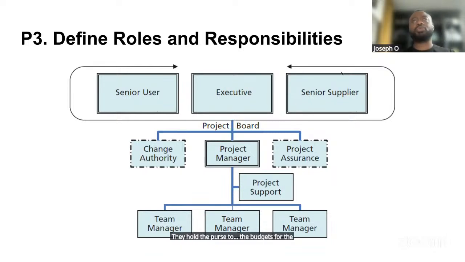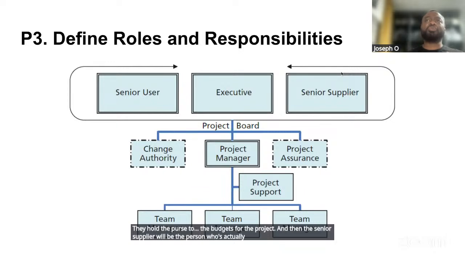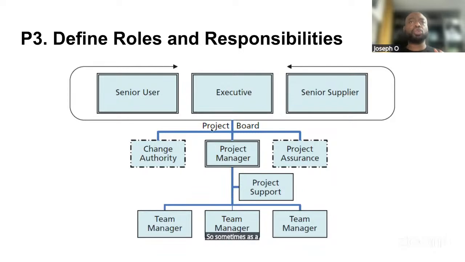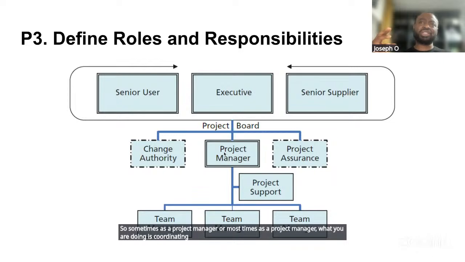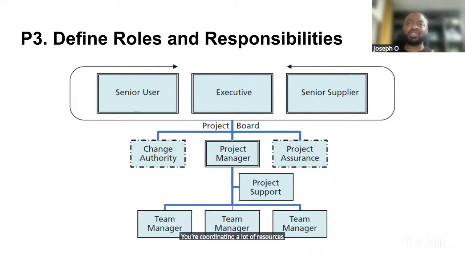And then the senior supplier is the person from the supplier perspective, the people who are delivering the work. Most times as a project manager, what you are doing is coordinating a lot of resources: the resources of time, of money, of people.